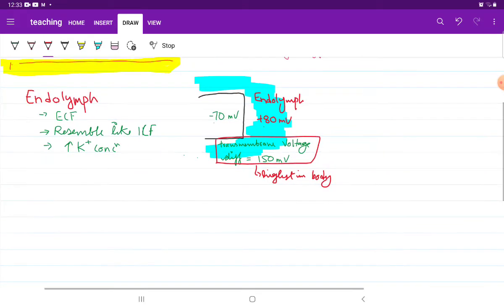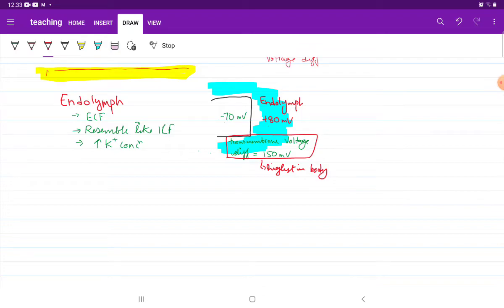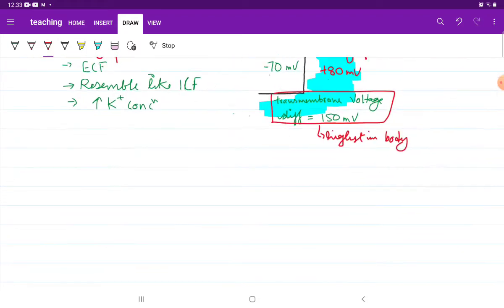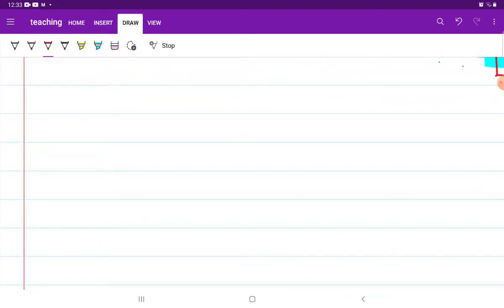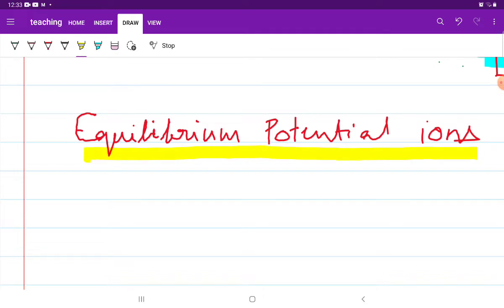Now we will be talking about the ion concentration or the equilibrium potentials for ions. What is equilibrium potential?